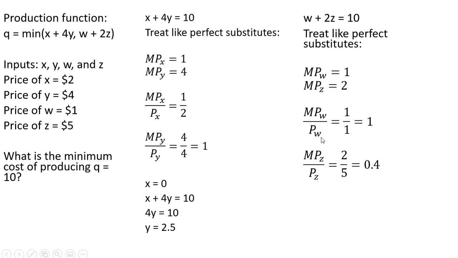And in this case, it looks like input W is giving us more value for our money. If we spend one more dollar on input Z, output only goes up by 0.4 units. So we get more value for our money with input W. And so we're going to set z equal to 0, and now solve this equation. And w simply equals 10.